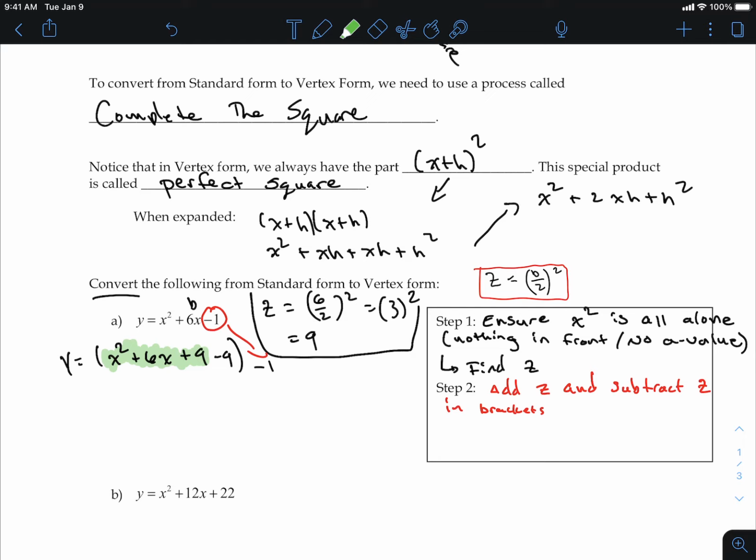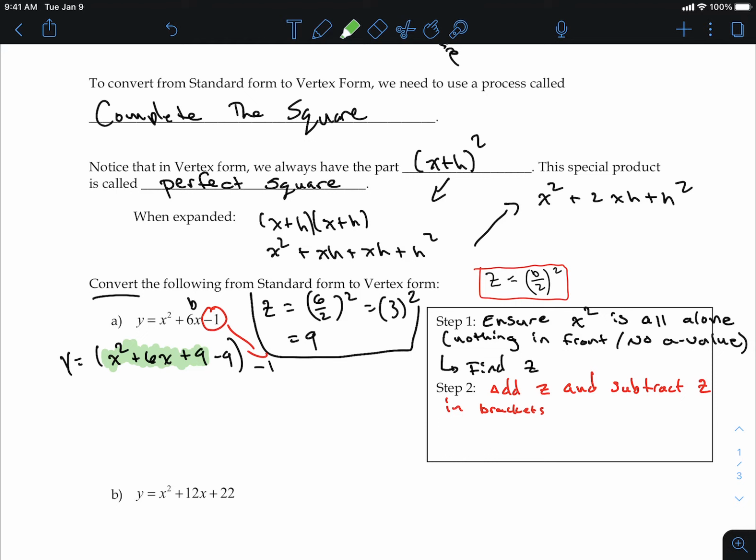You can factor that. What kind of factor are we going to use? It's a simple trinomial, sure. But it's a special kind of simple trinomial. Well, what about the -9? Don't worry about that yet.